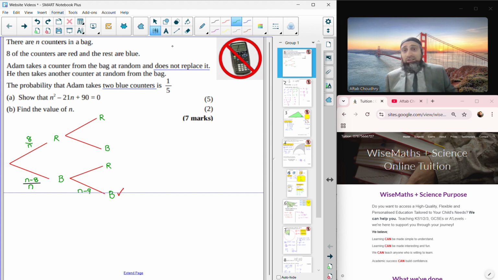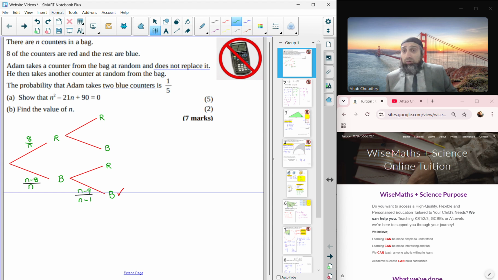Then one more time, we need to reduce one from the denominator. Before it was n, so now this is going to become n minus 1.